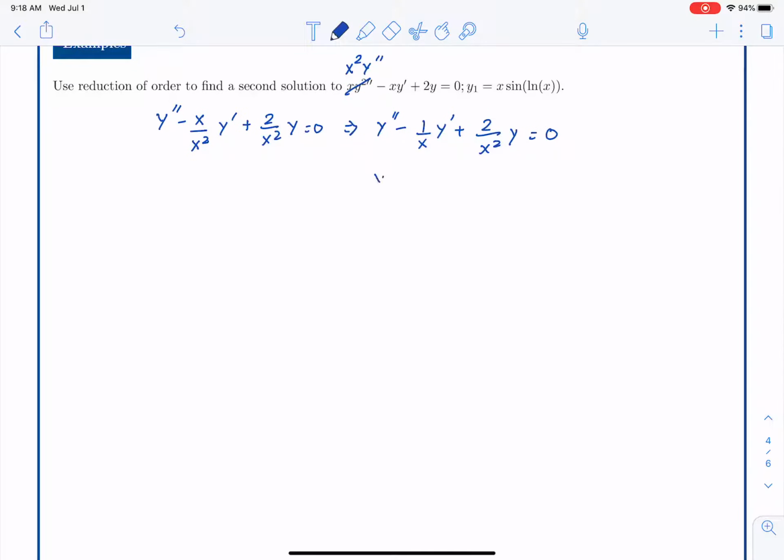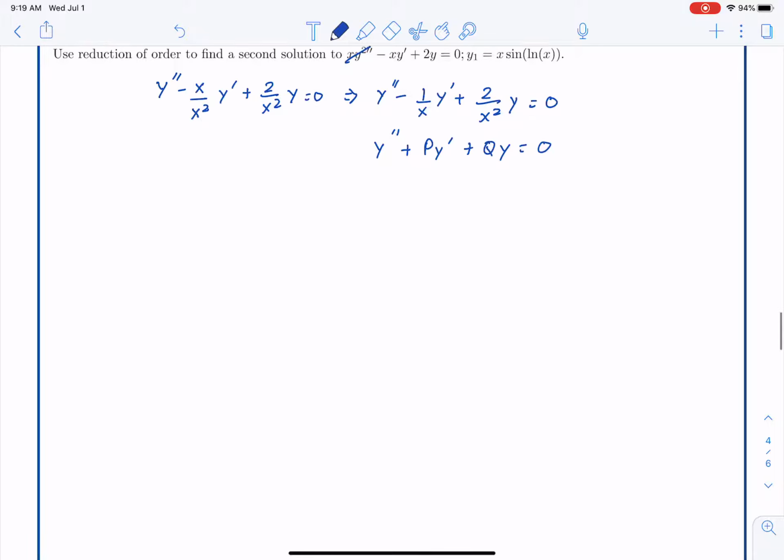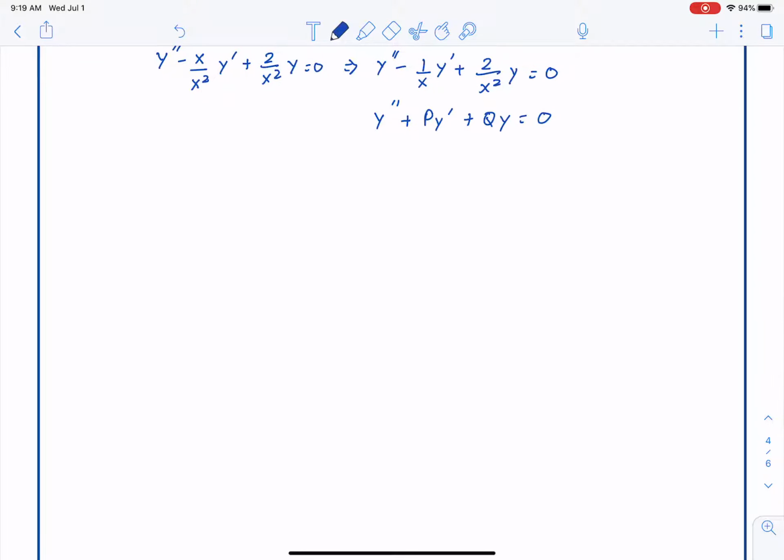By direct comparison to our derivation, we have y double prime plus p y prime plus q y equals 0. If you noticed by now, you could see that q doesn't play a role at all based on our derivation. So it really doesn't matter what q is in finding this second solution. So p ends up being negative 1 over x.